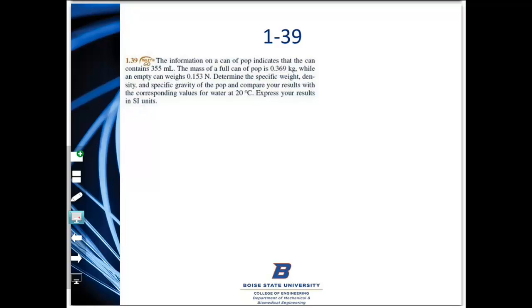Okay, first let's define what is specific weight, since that's the first thing we have to find. So specific weight of a fluid, gamma, is defined as rho, or the density of the fluid, times acceleration due to gravity.